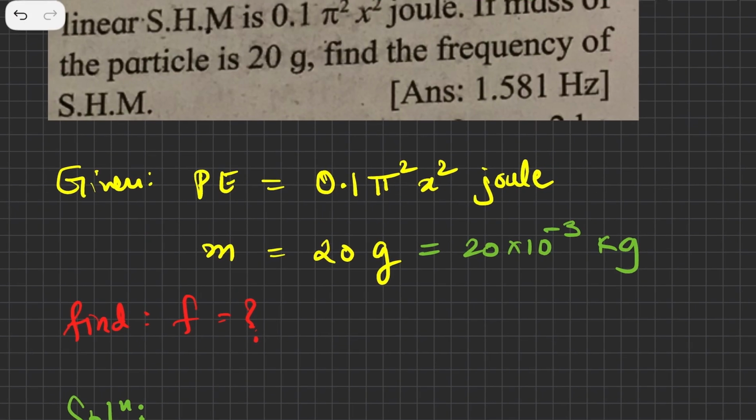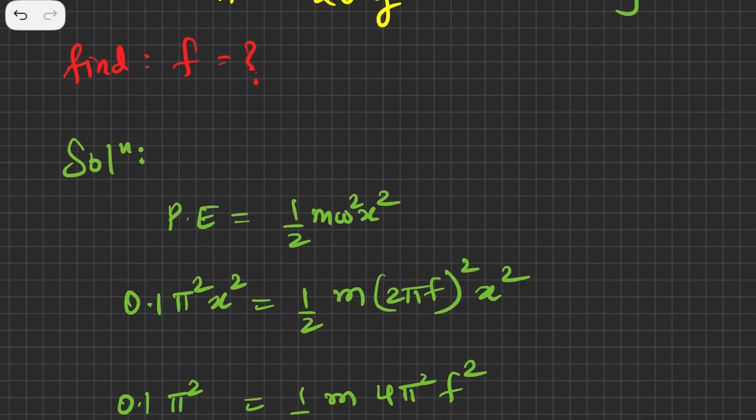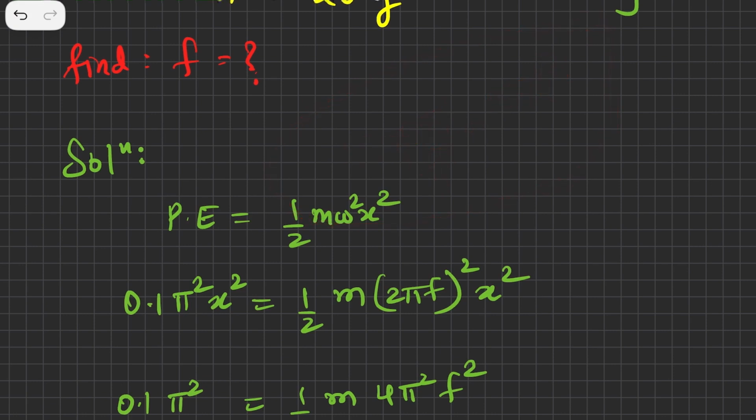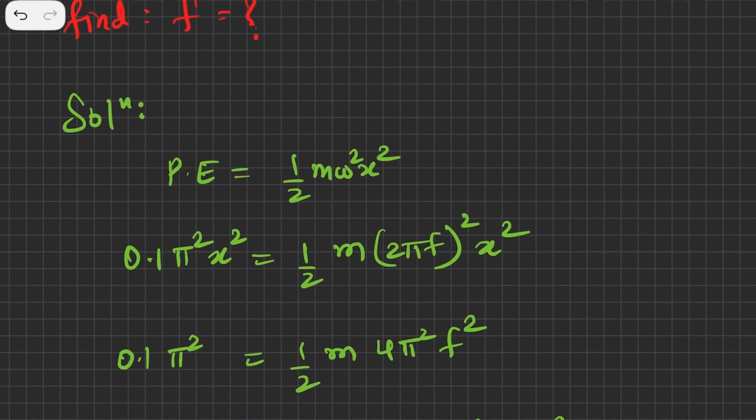In place of omega I am just writing 2 pi f. So omega has two formulas, 2 pi by T and 2 pi f. This is the most used formula in the entire course of grade 11 and 12. So mass into 2 pi f the whole square into x square.